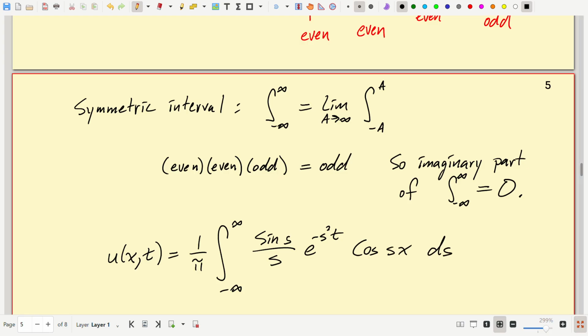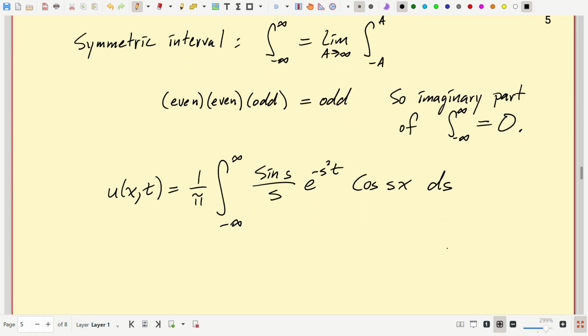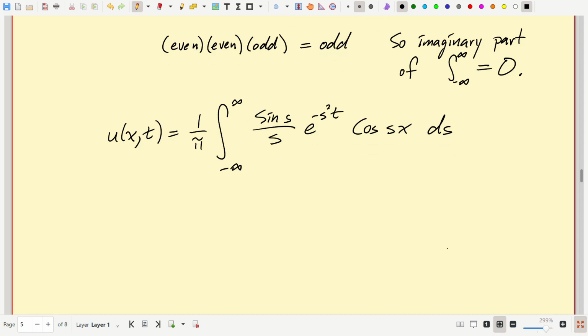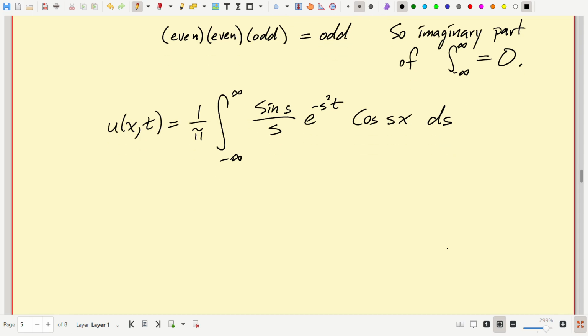And that's a very well-behaved integral. The functions in there are nicely bounded. In fact, sine s over s goes to 0, and e to the minus s squared t goes to 0 incredibly fast. And the cosine is bounded. In fact, the wiggling cosine gives a lot of cancellation, and that makes it go to 0 even faster.